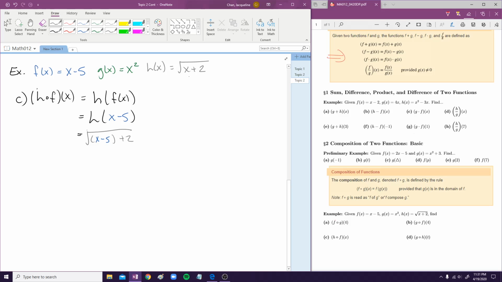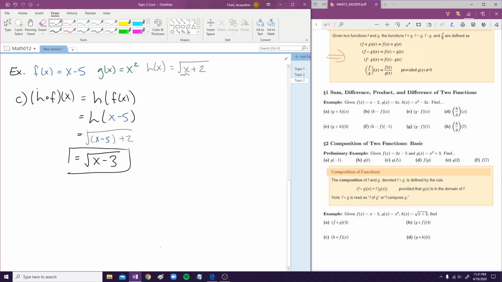Right, so wherever I saw this x, I plugged in this x minus 5, which is why I put parentheses. Okay. So now we just evaluate. So these parentheses have a 1 coefficient in front of them, so it's just x minus 5. And then this becomes x minus 3. And this is h of f of x.